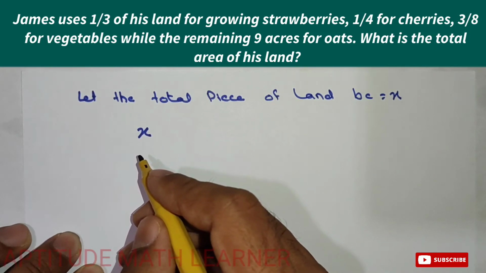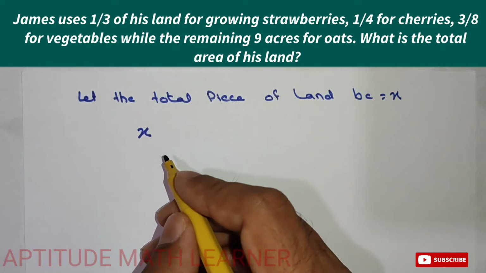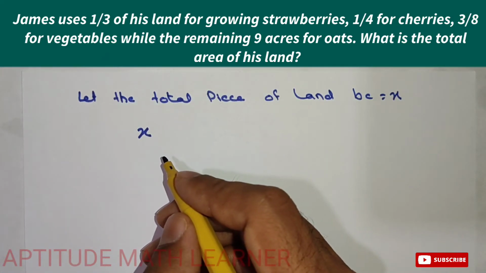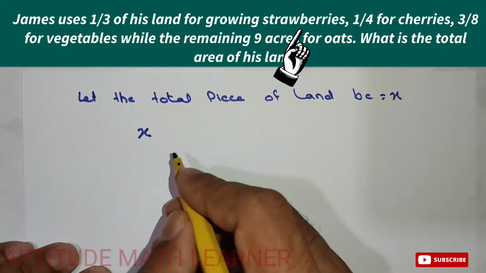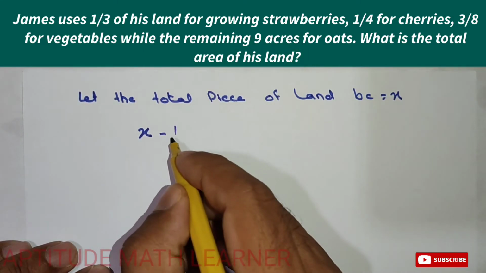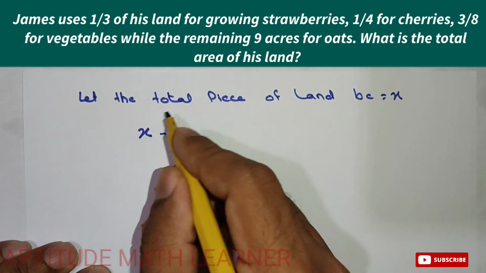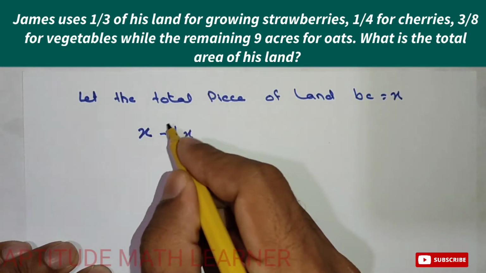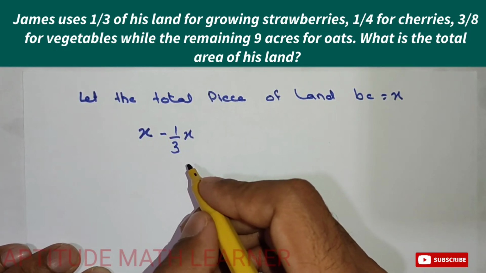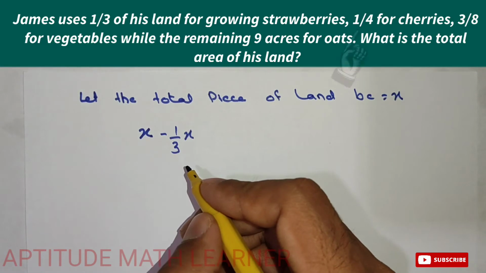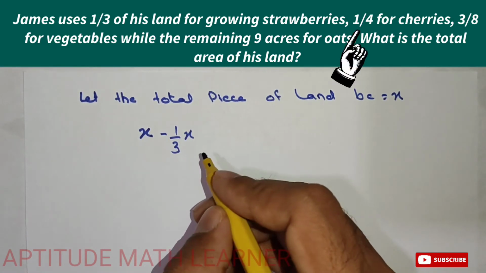And here in the question you can see that he takes 1/3 of the total land for growing strawberries. So here we take out 1/3 of the land. This portion is used for growing strawberries. And for growing cherries, the land required is 1/4.